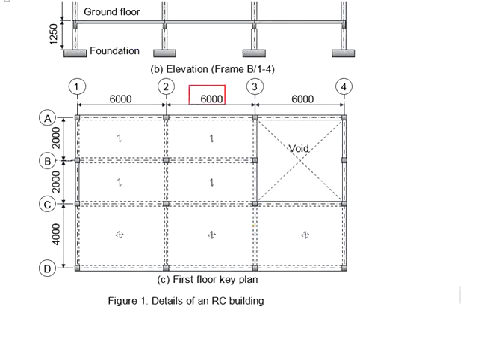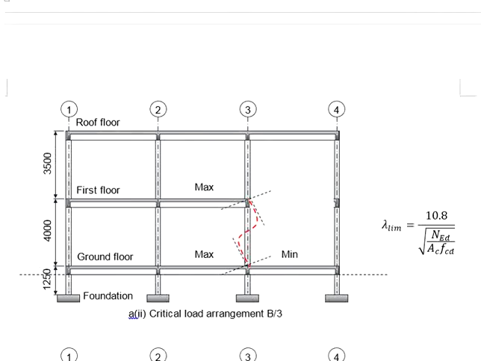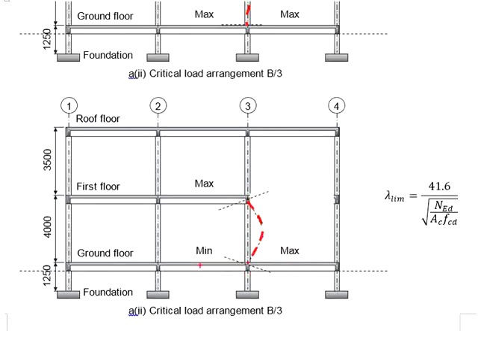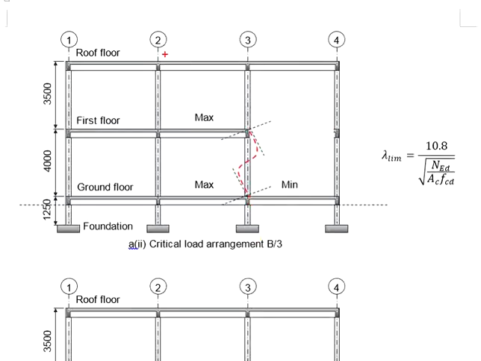Now if you refer to the key plane, both lengths are the same. That means the locations of the maximum and the minimum are not fixed. It can be in this manner, and it can also be in this manner. In the case that the spans here are different, when this span is longer than this span, you will put the maximum here, whereas the other side will be the minimum.